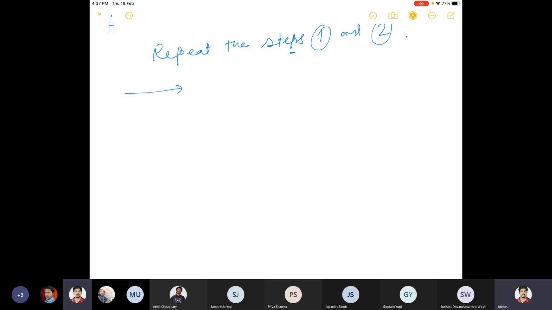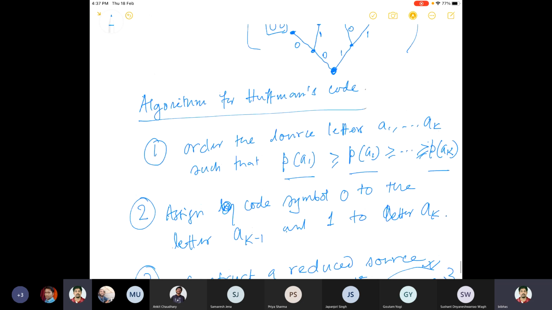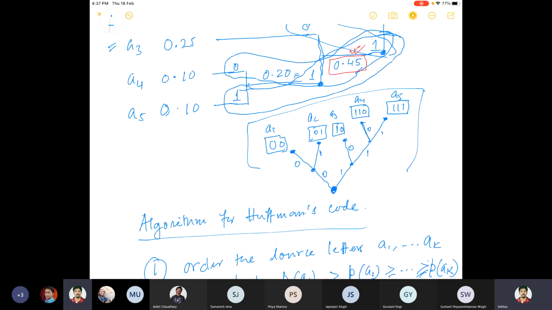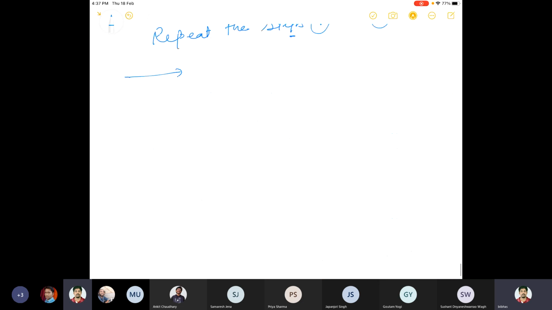Here I had a few more letters. Suppose I have, actually I don't need the symbols, I just need the probabilities. Then I can construct the trees and say what the code words are. But let me write it for the sake of finding out which code word is for which symbol.